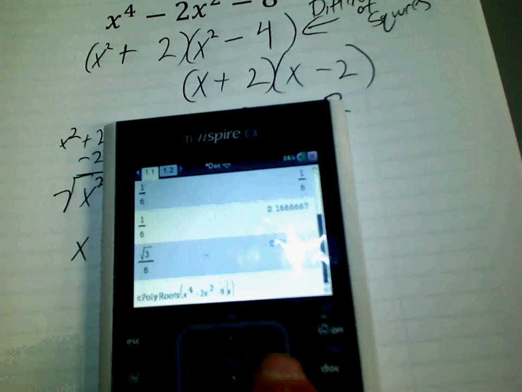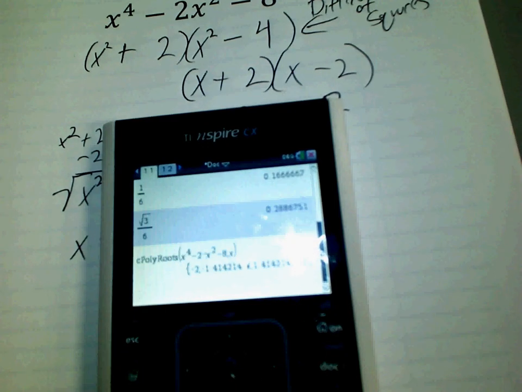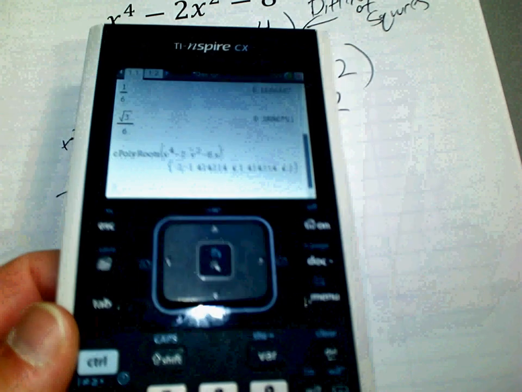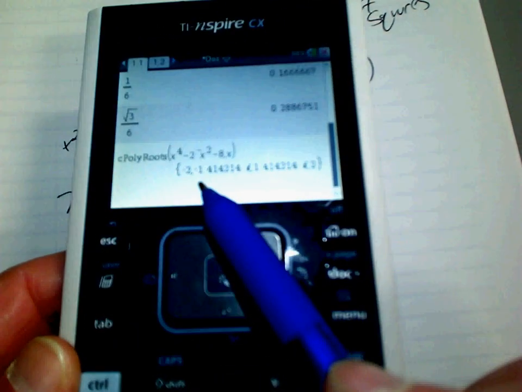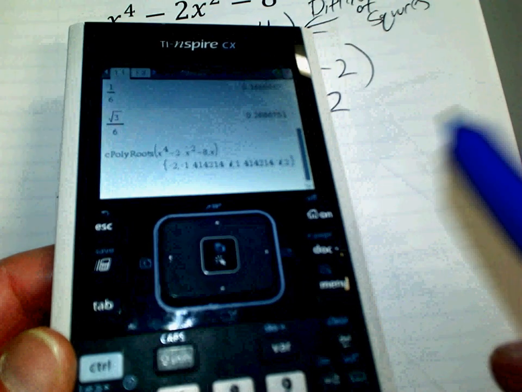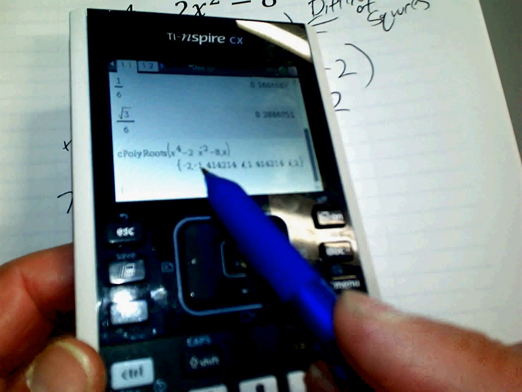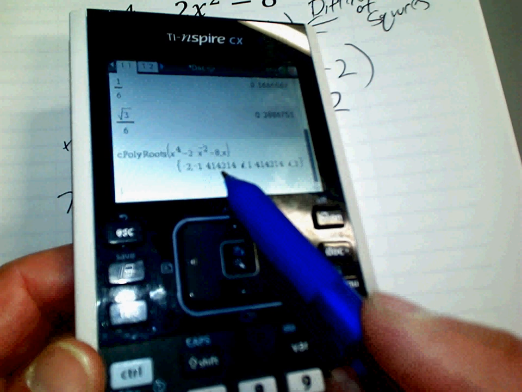There they are. Notice how it puts them in order from smallest to largest. Can y'all see that all right? -2. Where does the -1.414214 come from? Hey, very good, Josh.